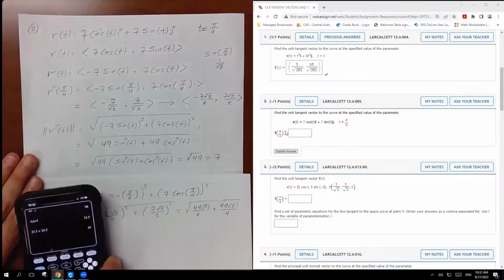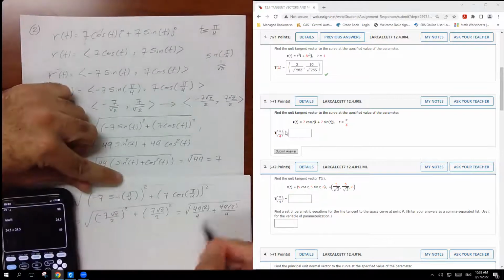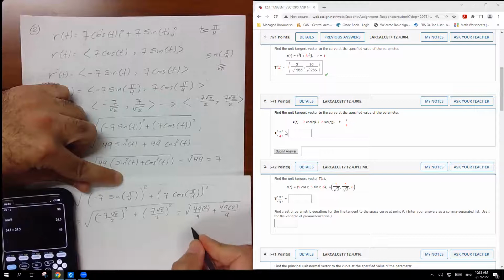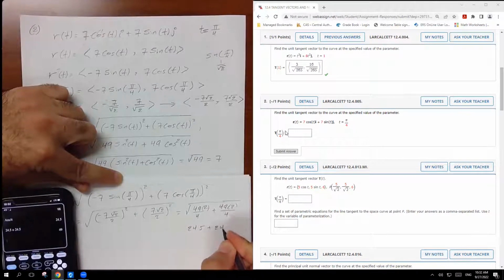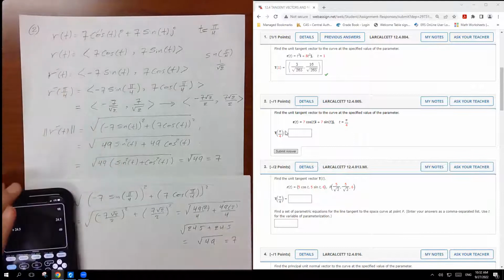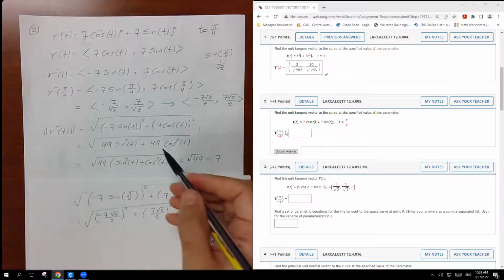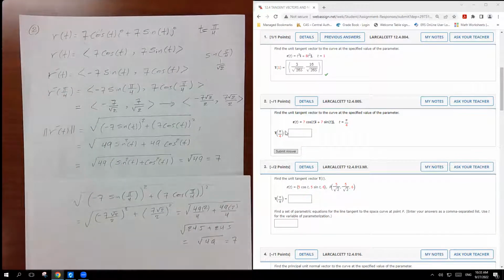You see, it's going to be the same thing. If you simplify, it's going to be 24.5, and you add 24.5 under the root. That means it's going to be the square root of 49, which is equal to 7. So if you simplify it first, it's going to be the same result.